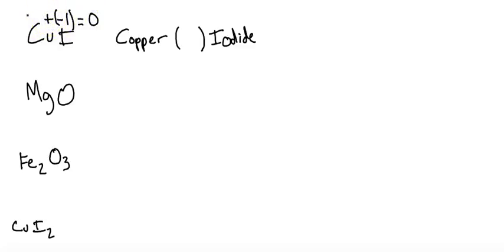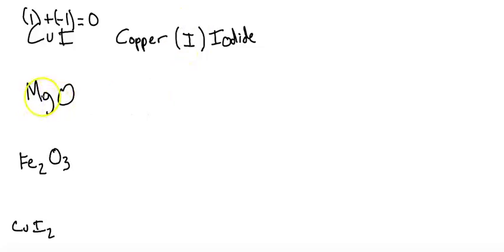We know we're going to have to add another charge here. If we add 1 over to this side, we're looking for our X theoretically here. That gives us a +1 here. And if you add a +1 to a -1, you get 0. Therefore, you can put a Roman numeral 1 in your parentheses there, because our charge on copper is a +1.